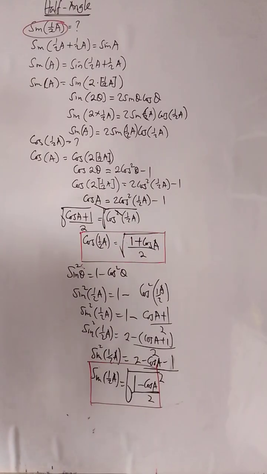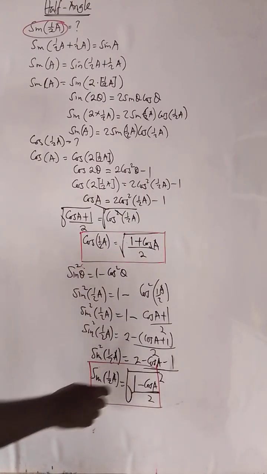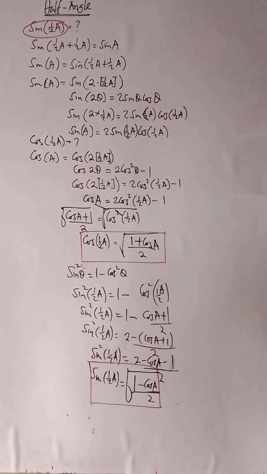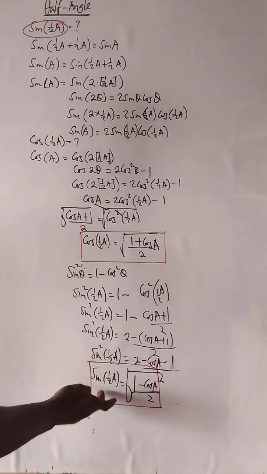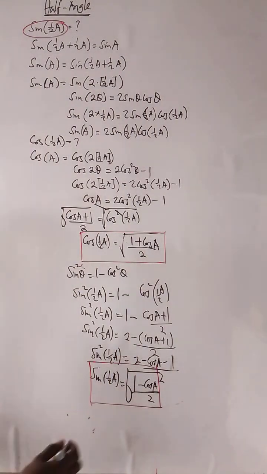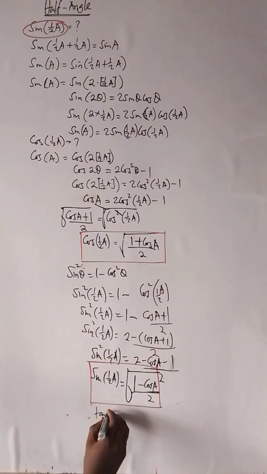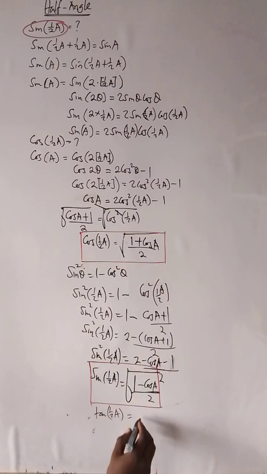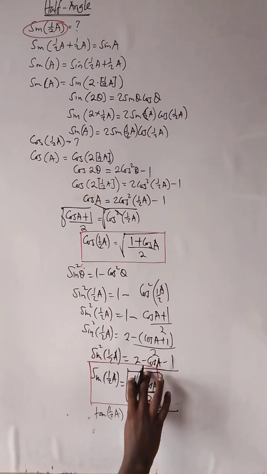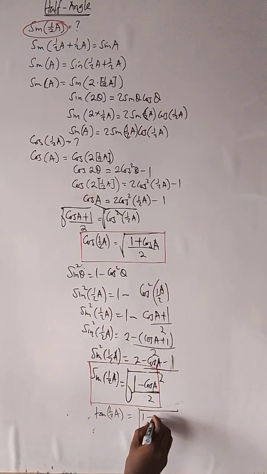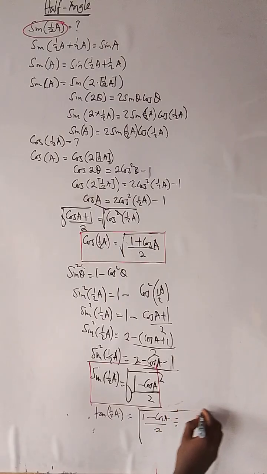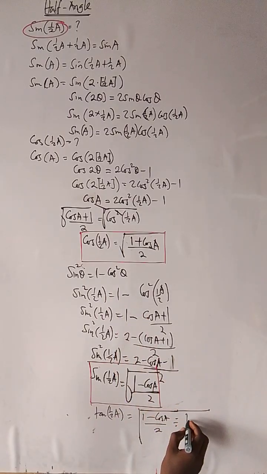What differs is addition for cos, subtraction for sine. So what will it be for tan? We know that tan is sine over cos. So tan half of A equals this divided by this: 1 minus cos A over 2 divided by 1 plus cos A over 2.